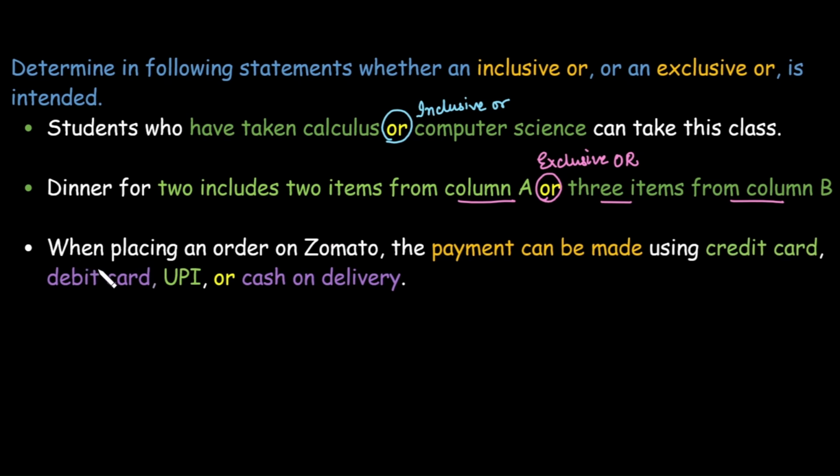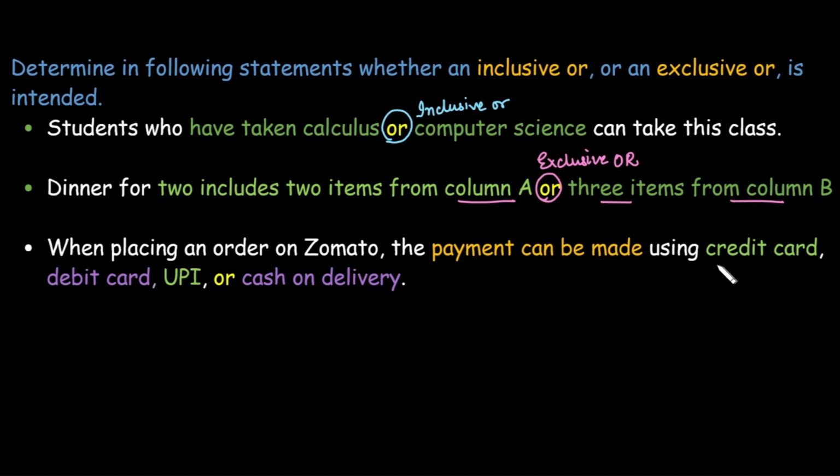So next we have a practical example. When we place any order on Zomato, the payment can be made using credit card, debit card, UPI or cash on delivery. Now think, can we choose more than one option at a time?